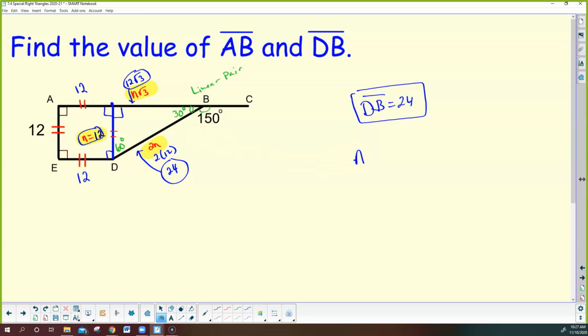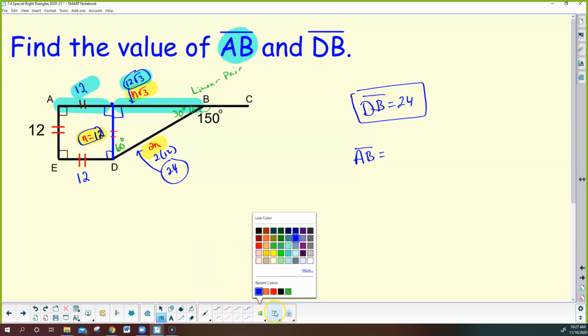So what does that mean about the side length AB? Well, AB is the full length of 12 plus the 12 square roots of 3. And we have to be very careful here. We talked about this the other day, but it hasn't come up a lot.